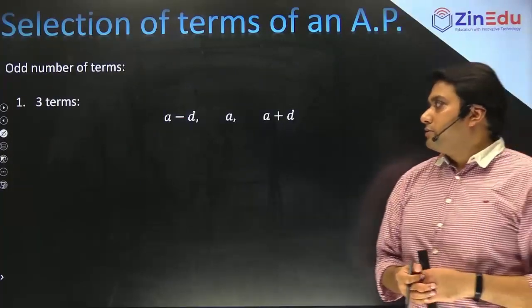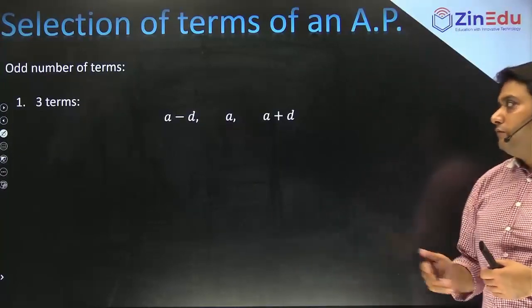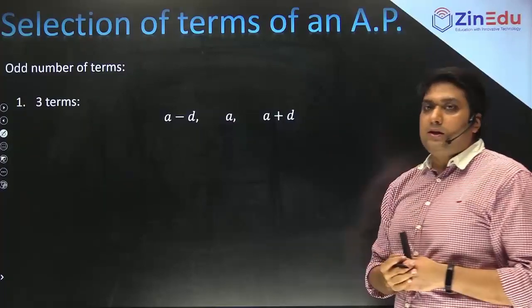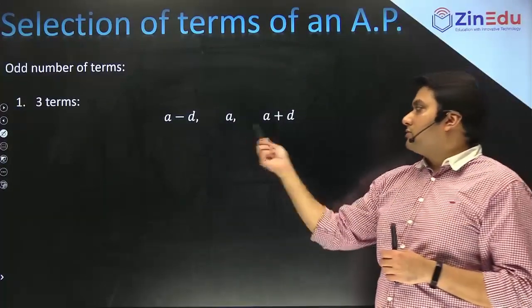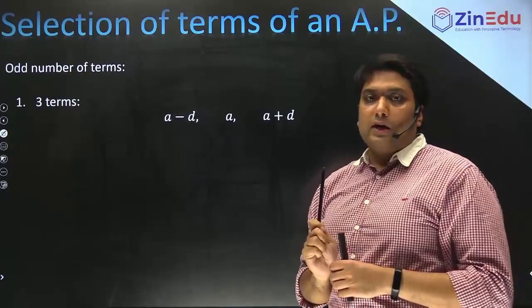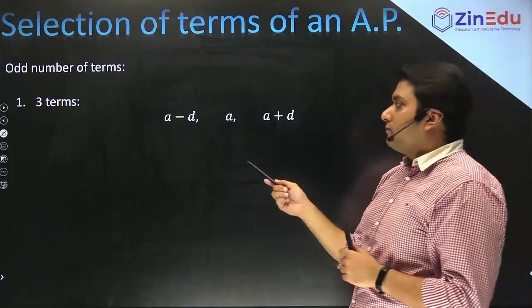So if we have 3 terms, we need to select terms in such a manner that when we add these 3 terms, the second variable gets cancelled out. So if I add these three terms, d and d will cancel out, and we will be left with only one variable, that would be a. So how are we calculating these three terms?